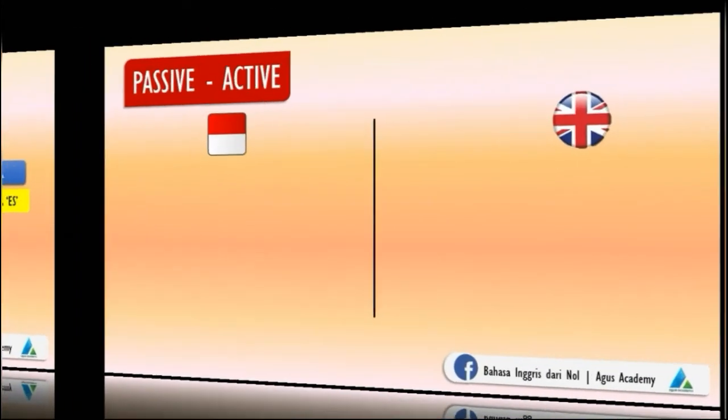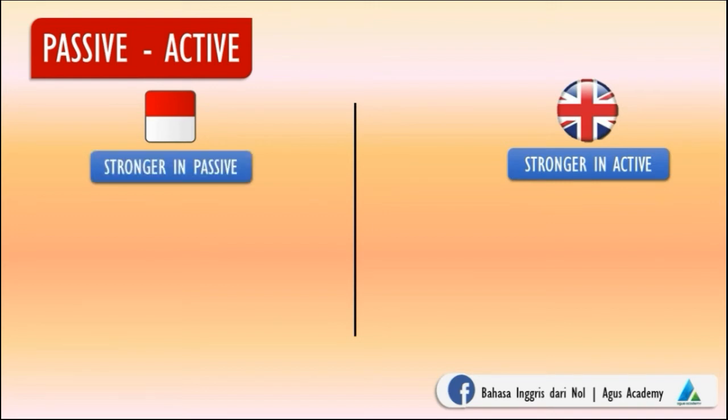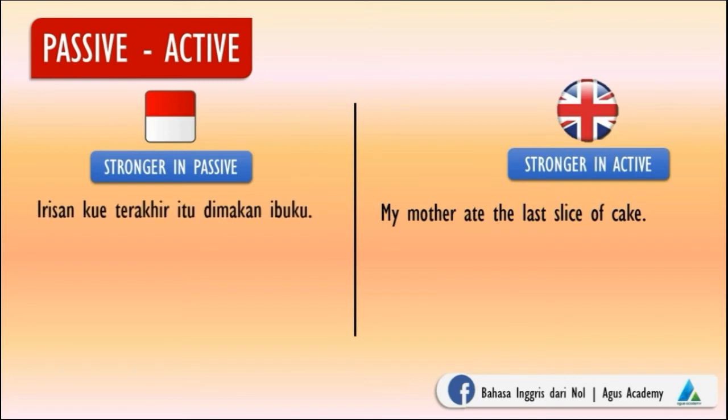Both English and Indonesian use the active and passive voice. English sentences are stronger in the active form, but in Indonesian, the passive voice is frequently used. The sentences, my mother ate the last slice of cake and irisan kue terakhir itu dimakan ibuku have the same meaning, but different form.